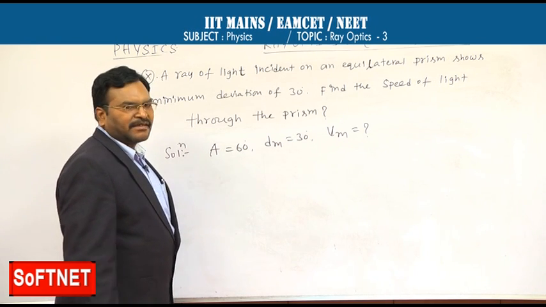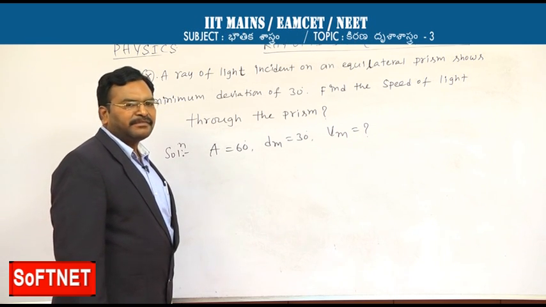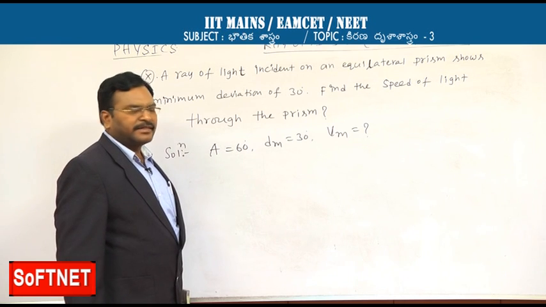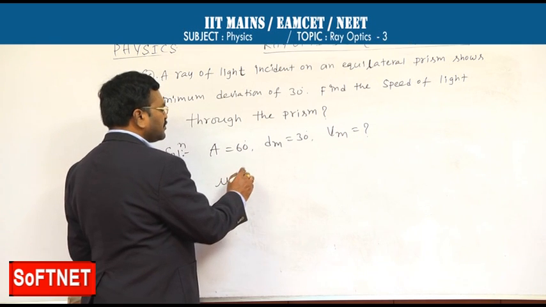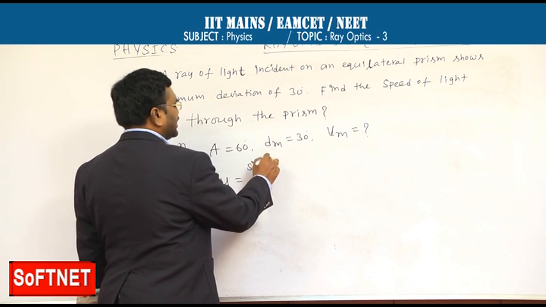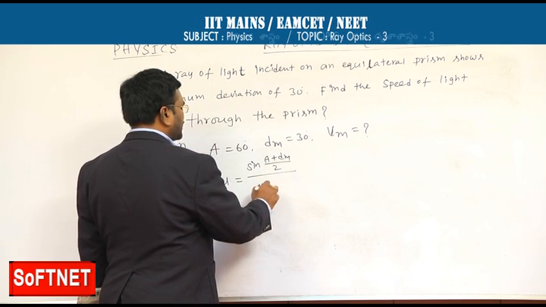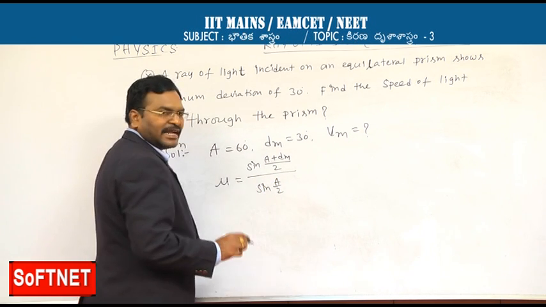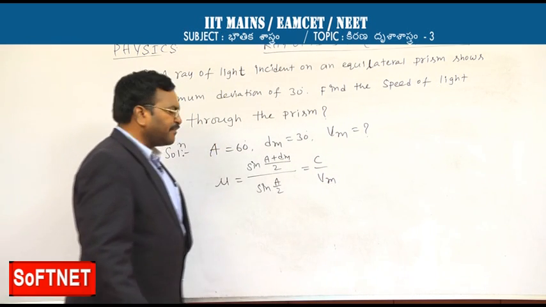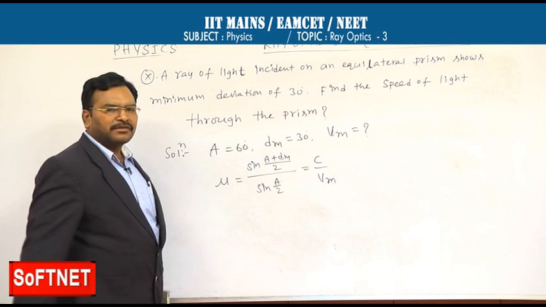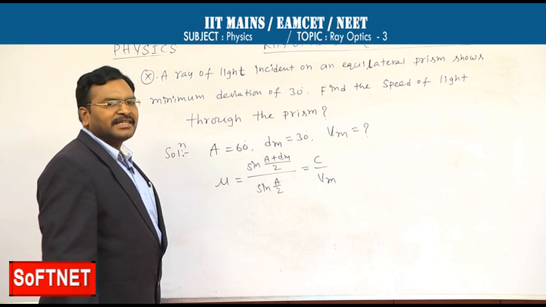And also, according to wave theory, the absolute refractive index mu is equal to c by the velocity of light in the medium. The last class already explained this. So mu is equal to sin((A plus Dm)/2) by sin(A/2), and is also equal to c by the velocity of light in the medium. We substitute now. Here we know the angle of prism and the angle of minimum deviation. What is c? How much is c?